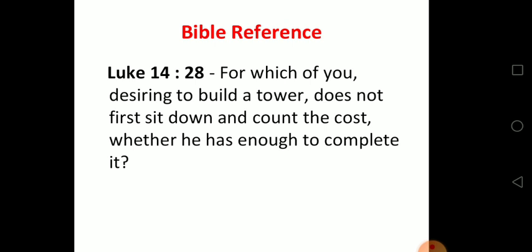I'll take it again. "For which of you, desiring to build a tower, does not first sit down and count the cost, whether he has enough to complete it?" It's taken from the book of Luke 14:28.